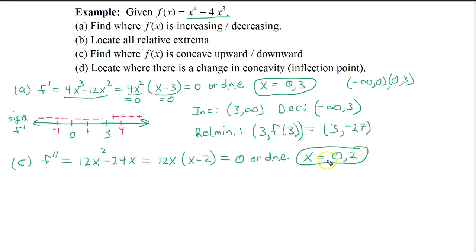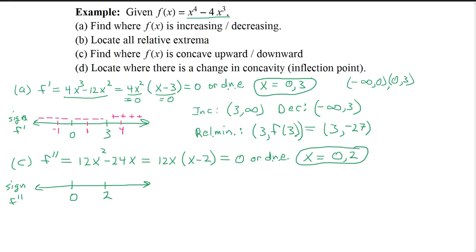So these are going to be the critical numbers for the first derivative, and that's going to determine where our function is concave up and down. So now we need to do a sign pattern technique for the second derivative. We need to find where the second derivative is positive and negative. So we'll mark these numbers off on our number line.